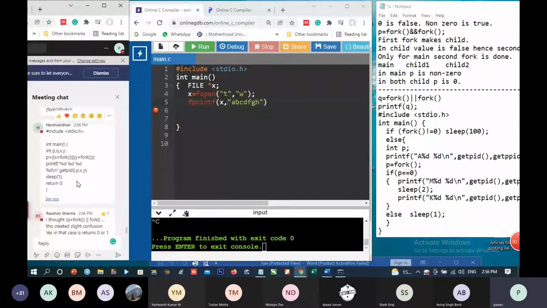You see, the problem will be coming. What will be the value of p in the main, Harshvardhan? Y will take some garbage value in the main. Do you understand, Harshvardhan?